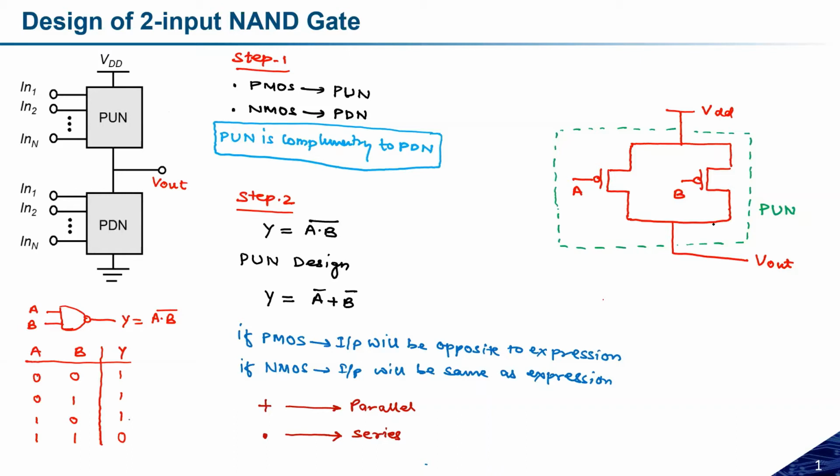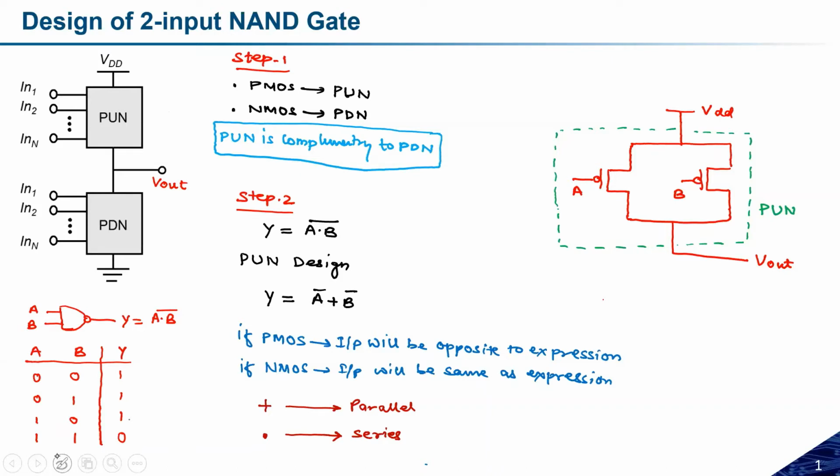So in the pull-up network we need 2 PMOS transistors, and A and B will be the inputs. But if I'm designing the pull-down network, both the transistors should be in series. Let me design the same thing again so that you can understand what I'm doing.